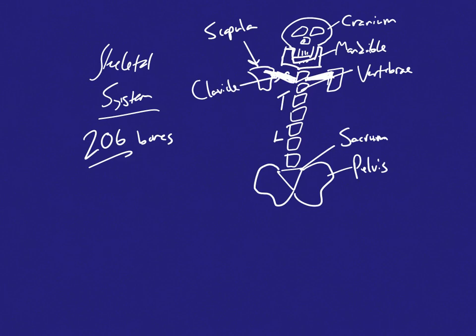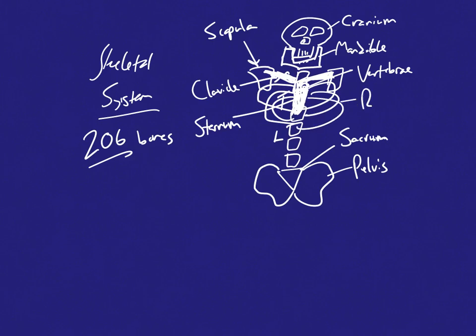By your collarbone, which is called your clavicle. And then your clavicle in the center connects to what sometimes people call your breastbone, which is called the sternum. And then the sternum in the front and the vertebrae in the back form connections with bones called ribs. But you already knew that.